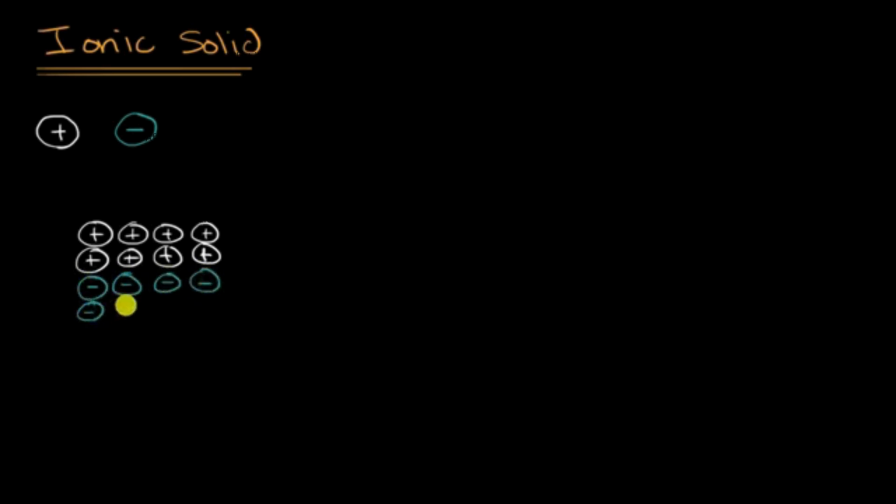Or maybe it's random. Maybe you have a positive there, and then some negatives right over there, and then a positive, and then a positive right over there, and then some negatives right over there. Would this be a reasonable configuration as they form these ionic bonds?